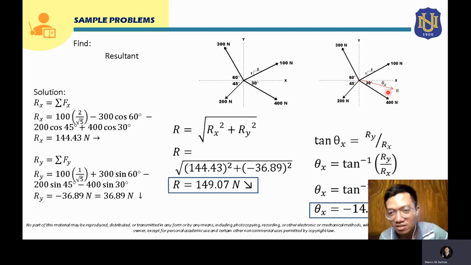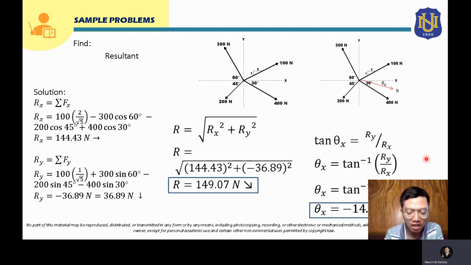So this will be your resultant, and your theta x will be this. Okay, so to solve for your theta x, since we have the vertical component and horizontal component of R, we can use tangent. So TOA, opposite over adjacent. So using tangent of theta x, that will just be equal to Ry, which is the opposite side of the triangle, over Rx, which is the adjacent side of the triangle. So to solve for theta x, that will just be arctangent of Ry over Rx, wherein your Ry is negative 36.89 over your Rx is 144.43.